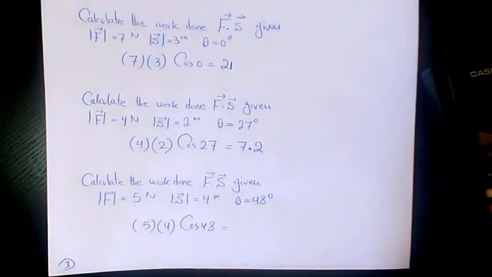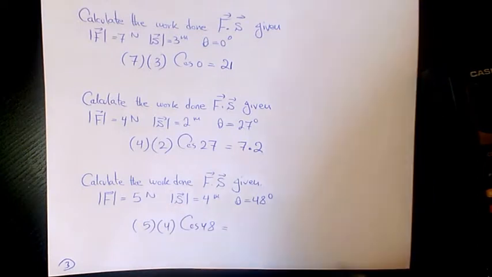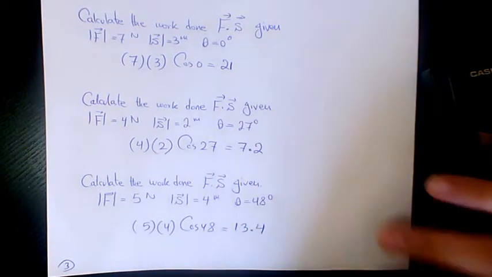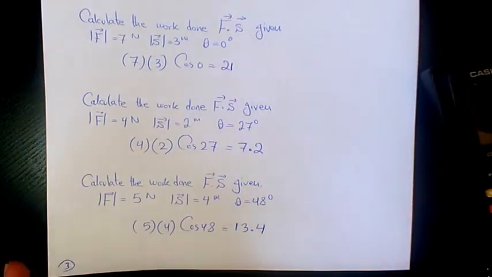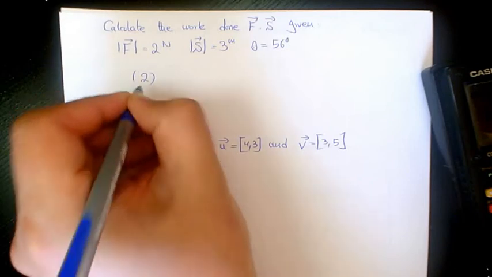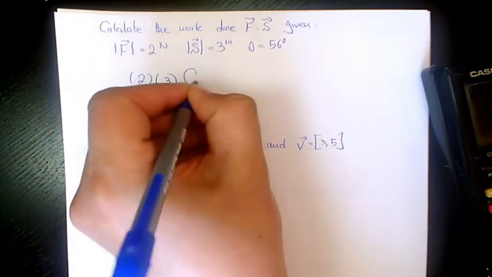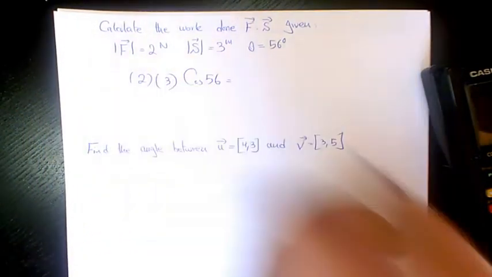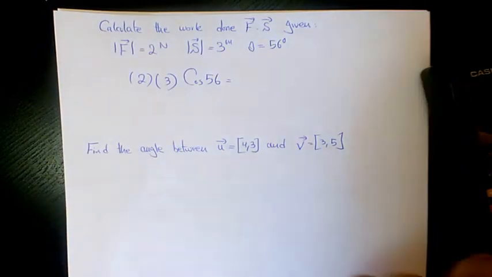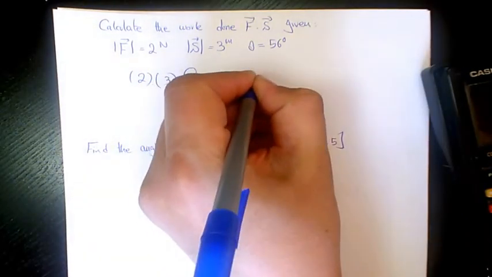So it's going to be 20 times cosine 48. 13.4 is going to be the answer to the dot product. Next one, the dot product is going to be F times S times cosine 56 degrees. So it's going to be 6 times cosine 56, which is 3.3.